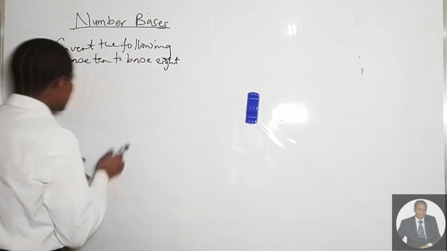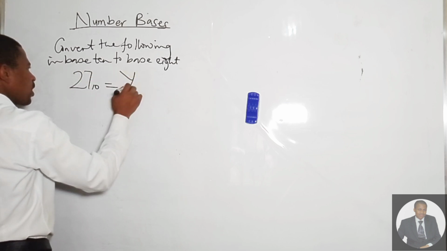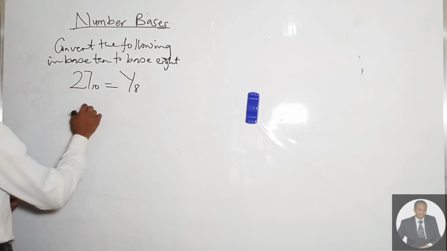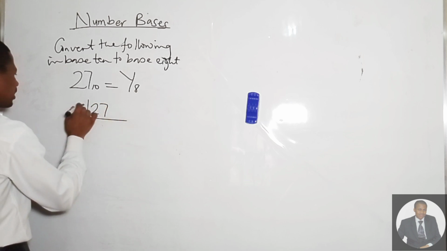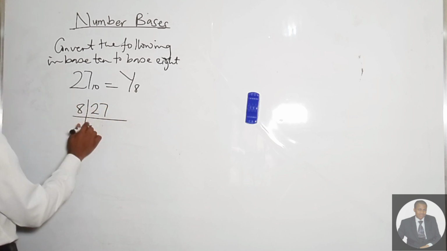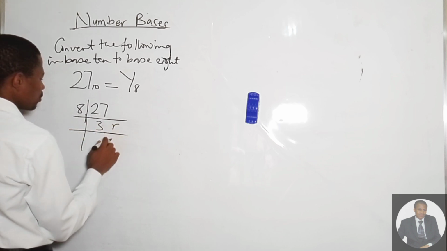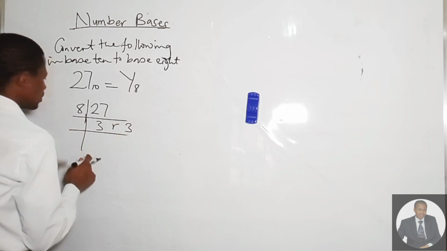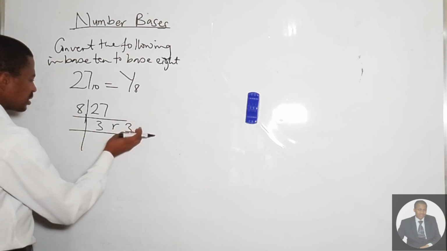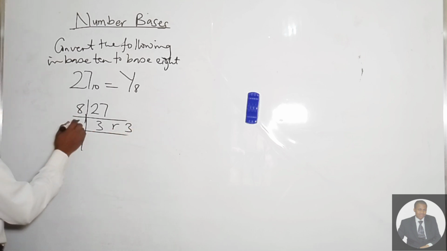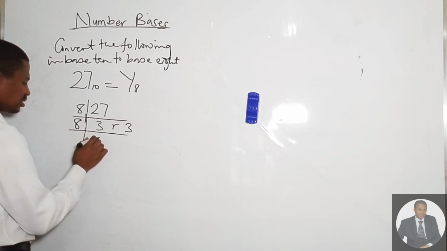Let's look at 27 base 10 equals y base 8. So we write 27 here. When we divide by 8, how many 8s are in 27? 3. 8 times 3 is 24, remainder 3. Then how many 8s are in 3? 0.